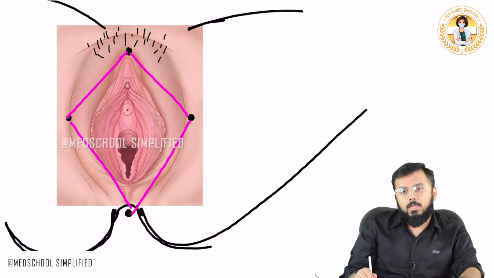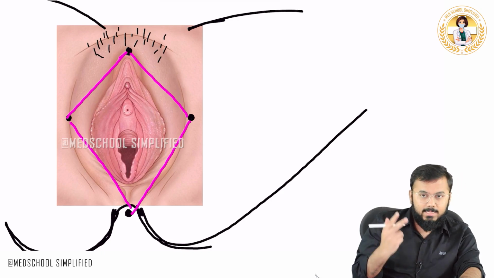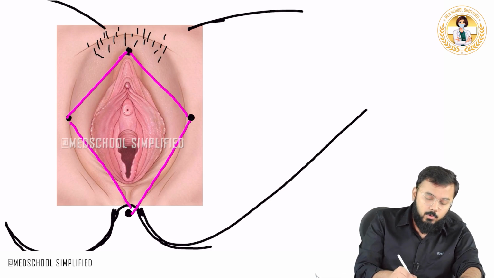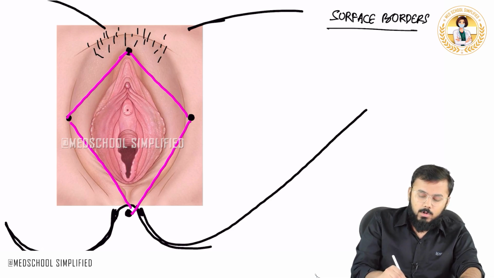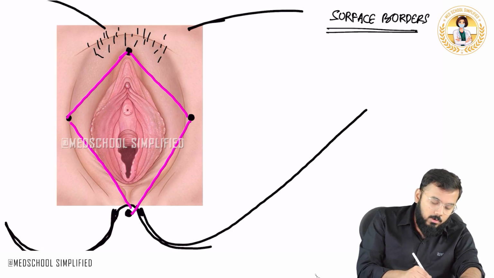In this perineum you can see three important borders. These three important borders are called surface borders. Let us list them out. First, this border over here is your anterior border.